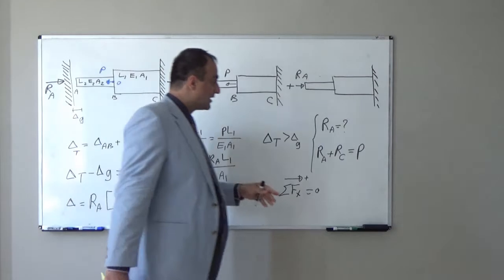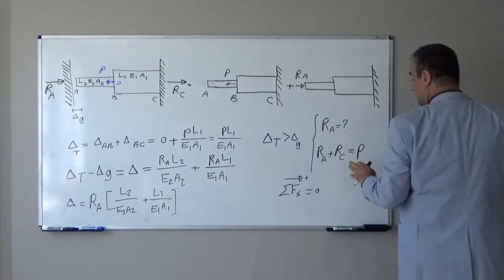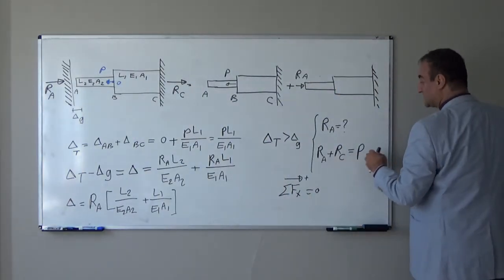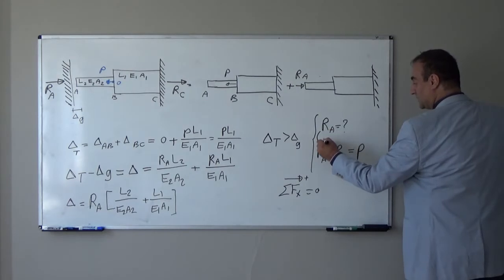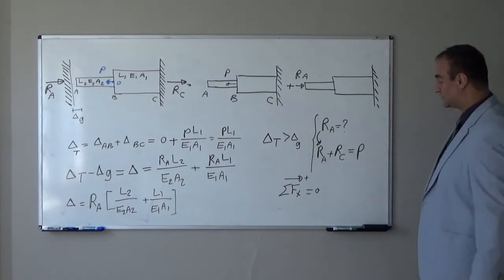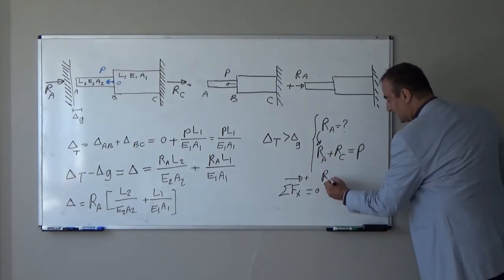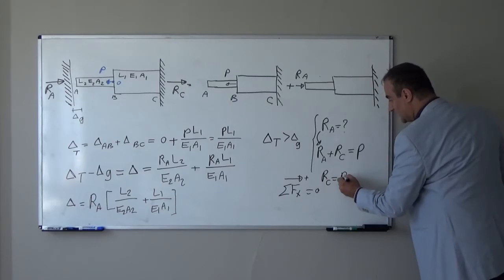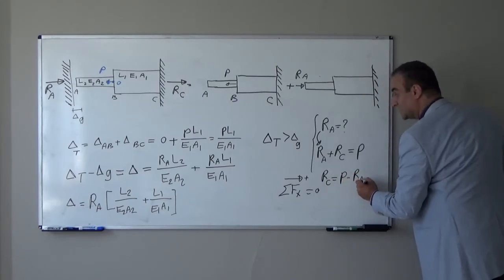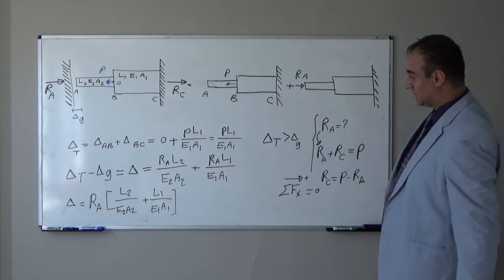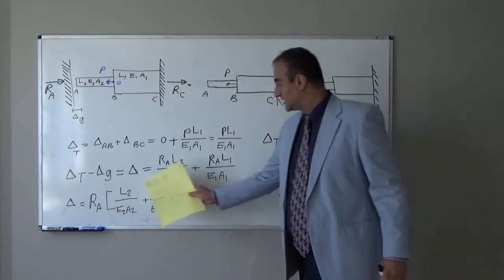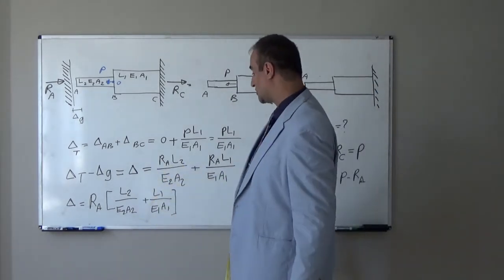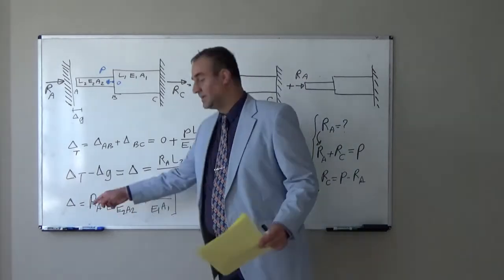If I take P to the other side, RA plus RC is equal to P. So I can plug RA from here to here, and find RC is equal to P minus RA. Because everything is known, we can find RC as well.